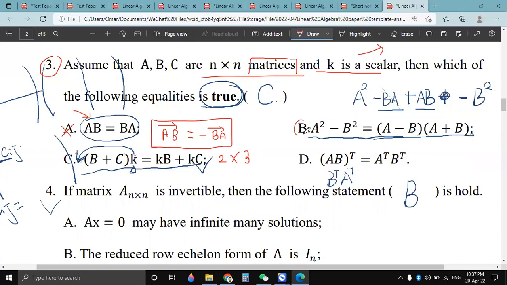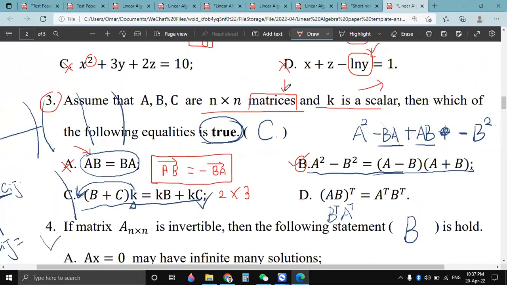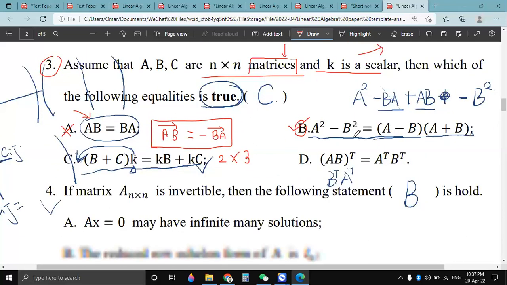And then the second option here, a square minus b square is equal to a minus b into a plus b. So okay, you know that this is a formula, right? This is an algebraic formula. But for matrices, this formula doesn't apply, because if you multiply them, a into a is a square, and then a into b is ab, right?